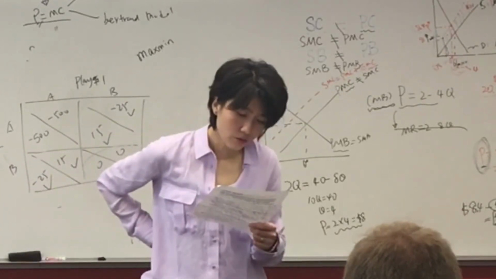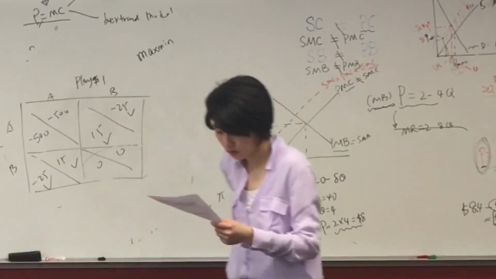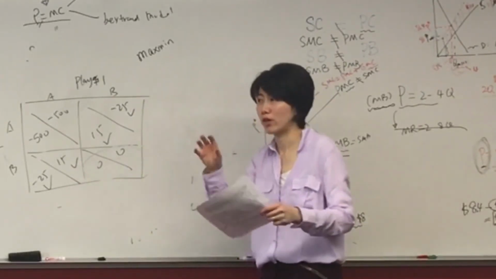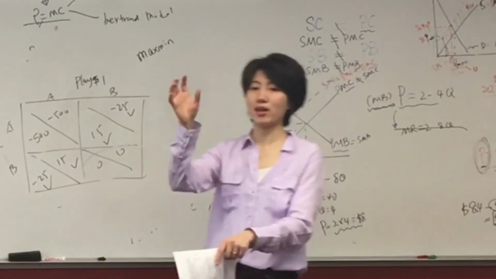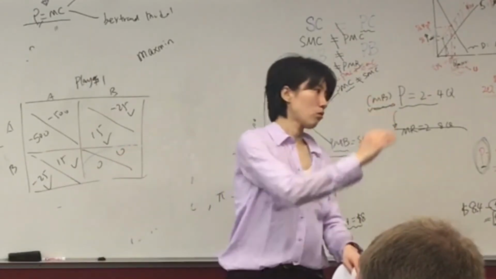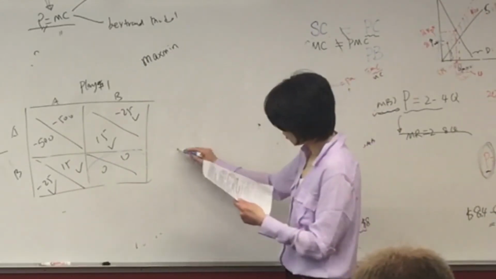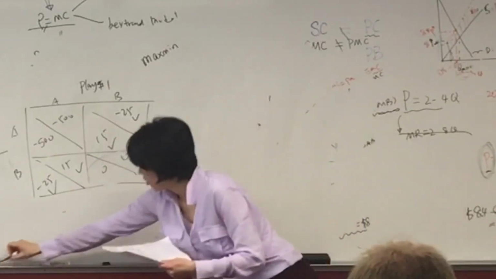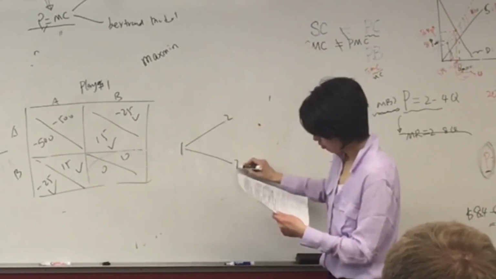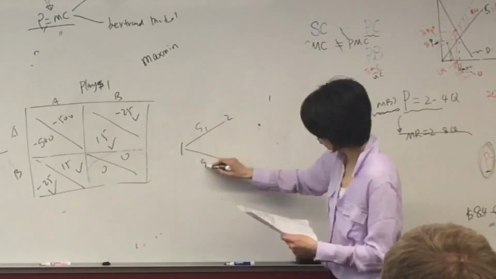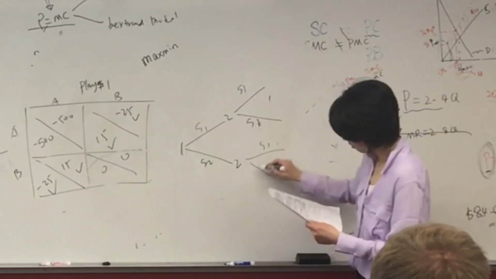And the last one is how to find the Nash equilibrium for a sequential game. Use backward induction. Right? So backward induction, sequential, that's extensive form. I'll give you the extensive form, and then you first solve for the last round of the game, and then work backwards to find the equilibrium. So player 1 has 2 strategies, strategy 1, strategy 2. Player 2 has 2 strategies, 1, 2, 1, 2.